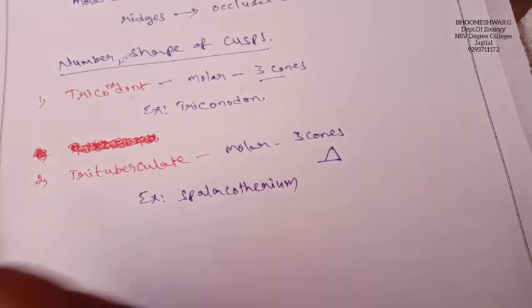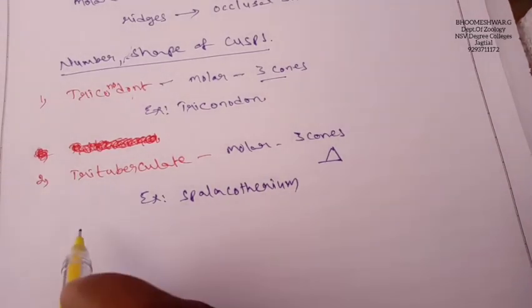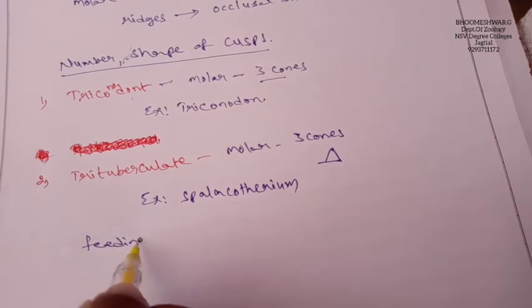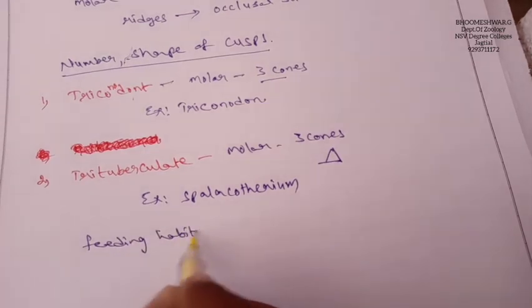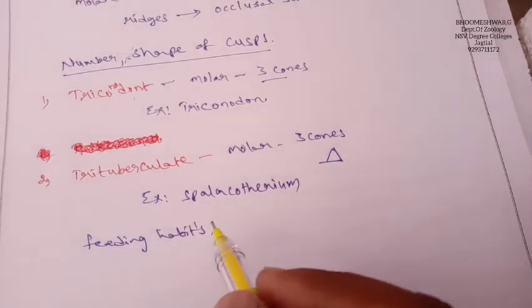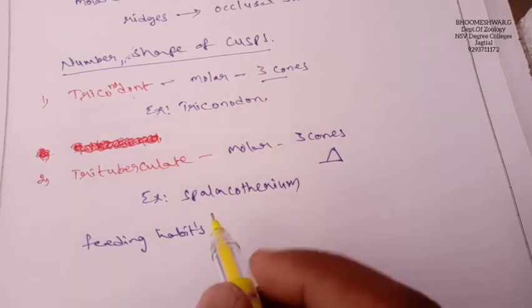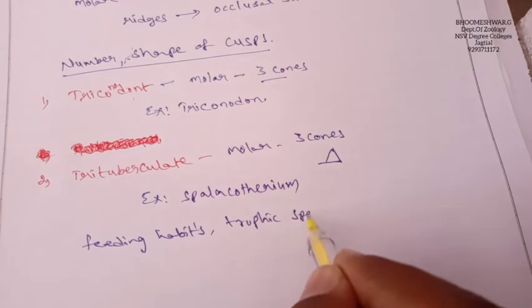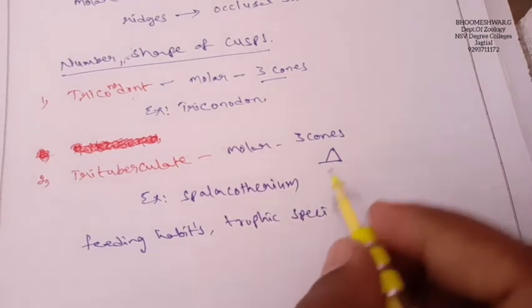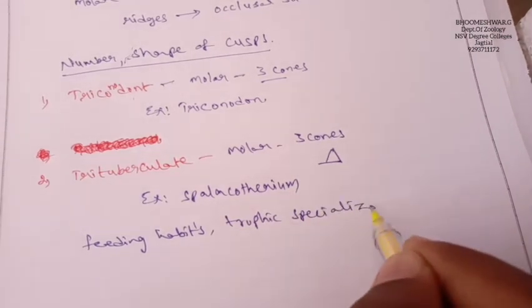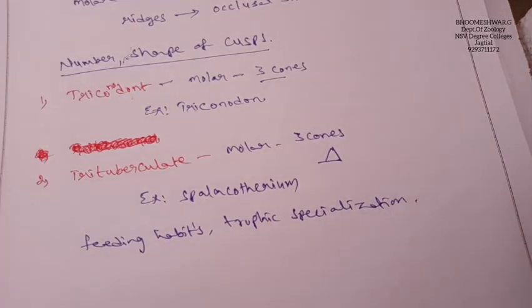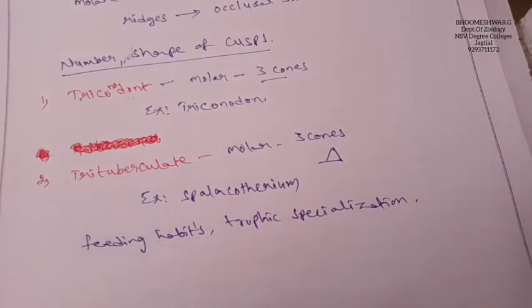Now we discuss another type of cusp pattern, based on feeding habits and the type of food taken, which is nothing but trophic specialization. These conditions are more suitable for recognizing cusp patterns, especially on premolars and molars.